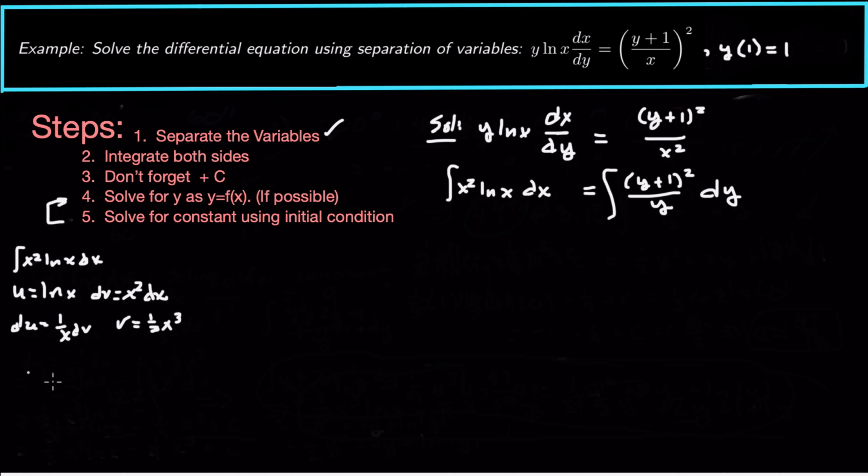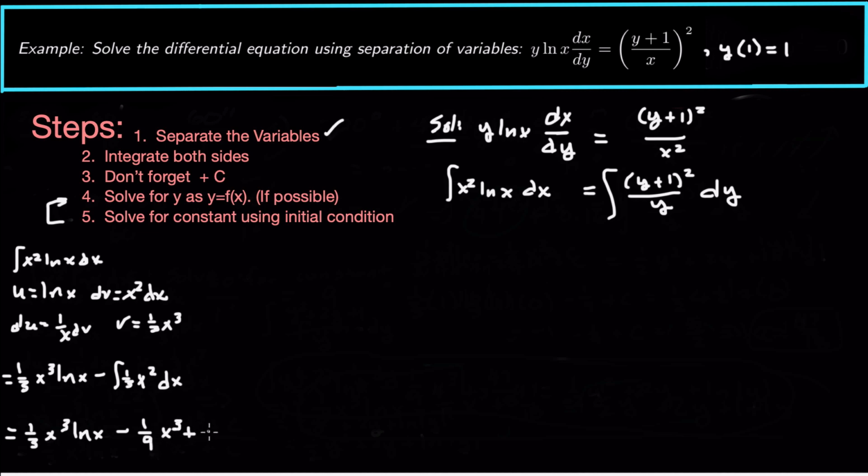My integral is going to be uv, 1 over 3 x cubed natural log x, minus the integral of v du, so the integral of 1/3. And now if I multiply x cubed by 1 over x, I get x squared dx. And now integrate that, and I get 1 over 3 x cubed natural log x minus 1 over 9 x cubed.